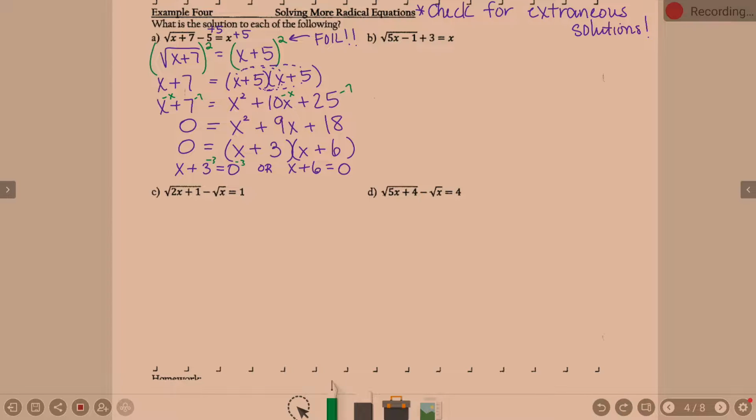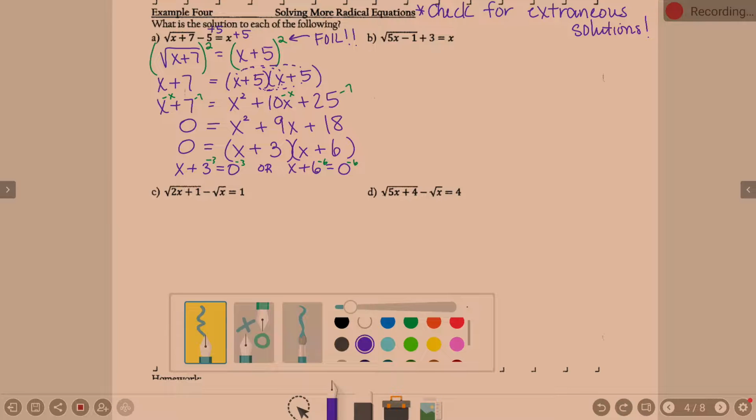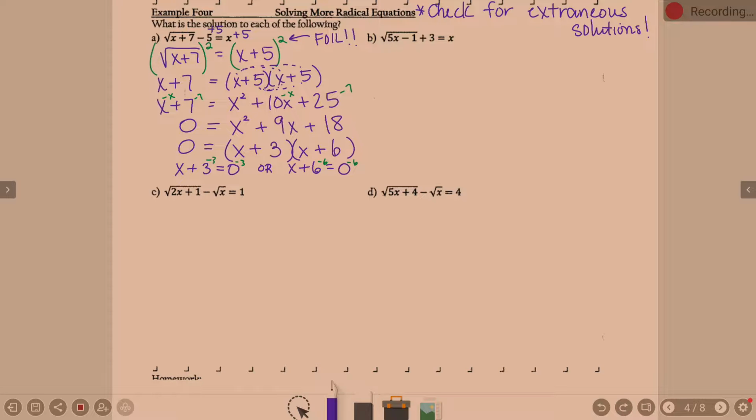If it's x plus 6 equals 0, I have to subtract 6. I get solutions of x equals negative 3, x equals negative 6.